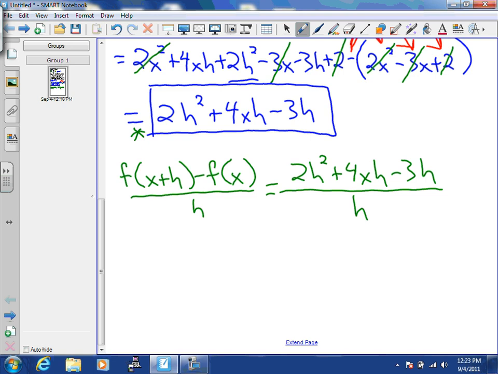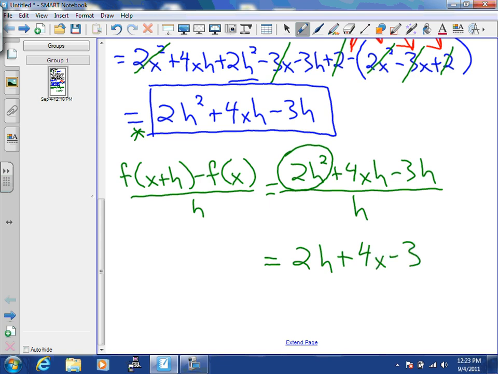So this just cancels nicely. All three of the things in the numerator have h in them. So we're just going to divide them all by h, and we're going to get our finished result here. This is going to become 2h, because the h in the denominator canceled out one of the h's in the 2h squared, plus, now I go into the 4xh, well, the h's cancel, and I get 4x.